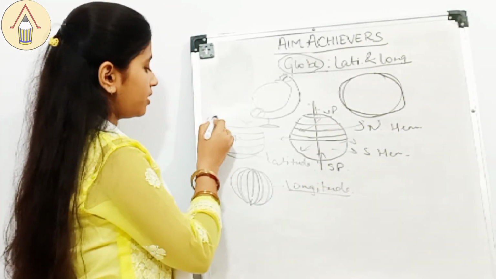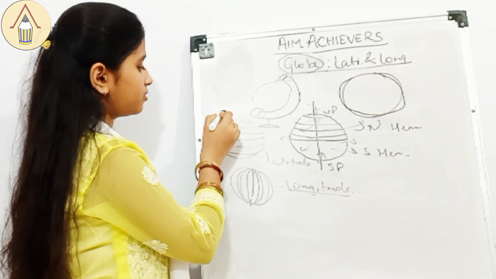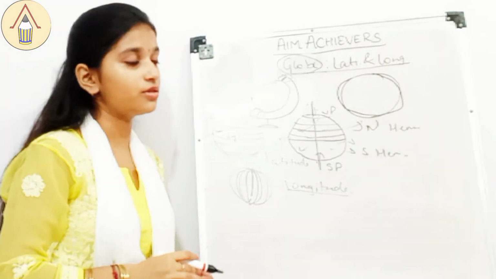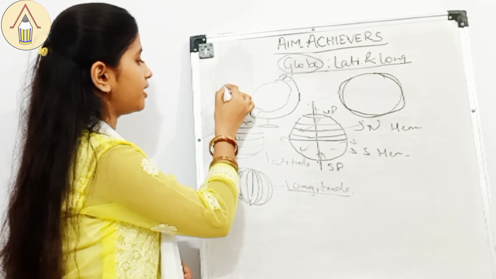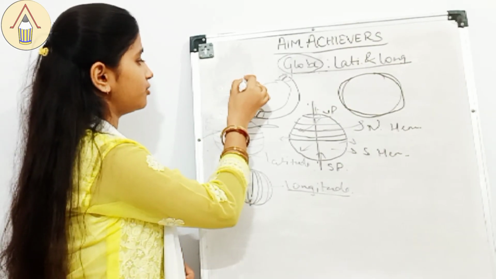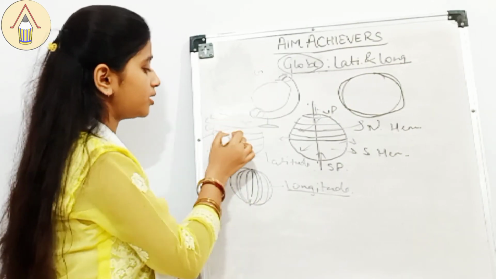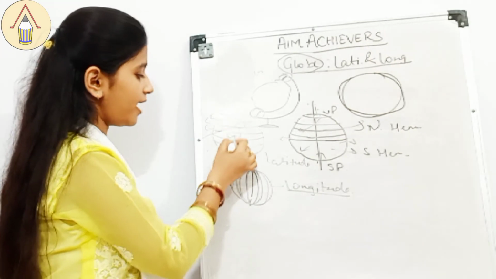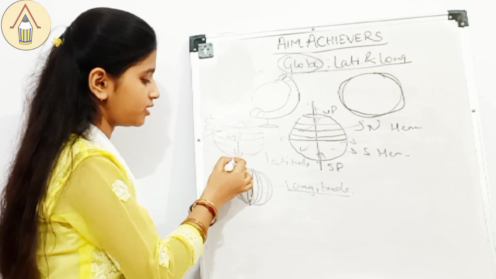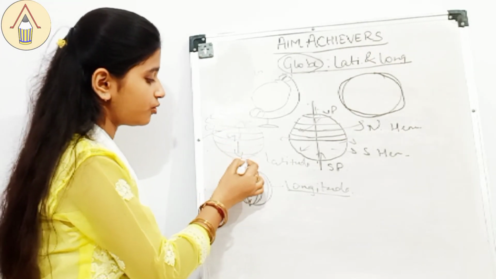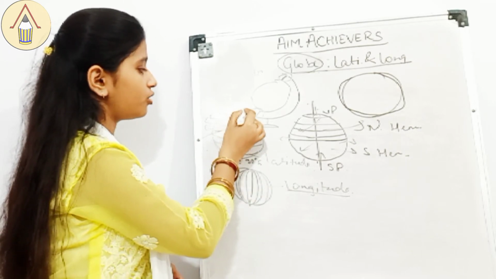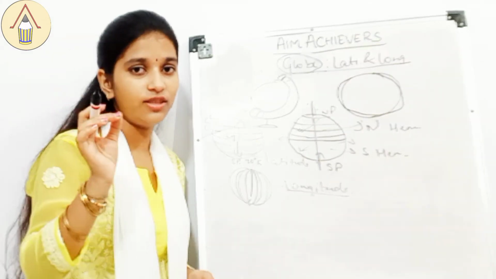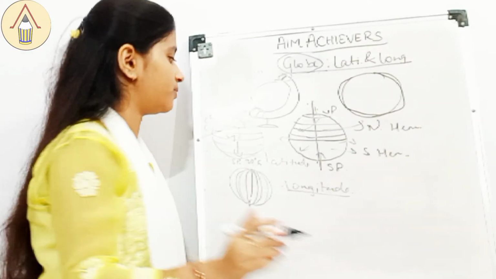Now it is not necessary that there are a limited number of latitudes. There are only 90 latitudes towards north and 90 latitudes towards the south. South pole, you know, it is 90 degrees south and north pole is 90 degree north. It is merely a point, not a circle. Always remember.